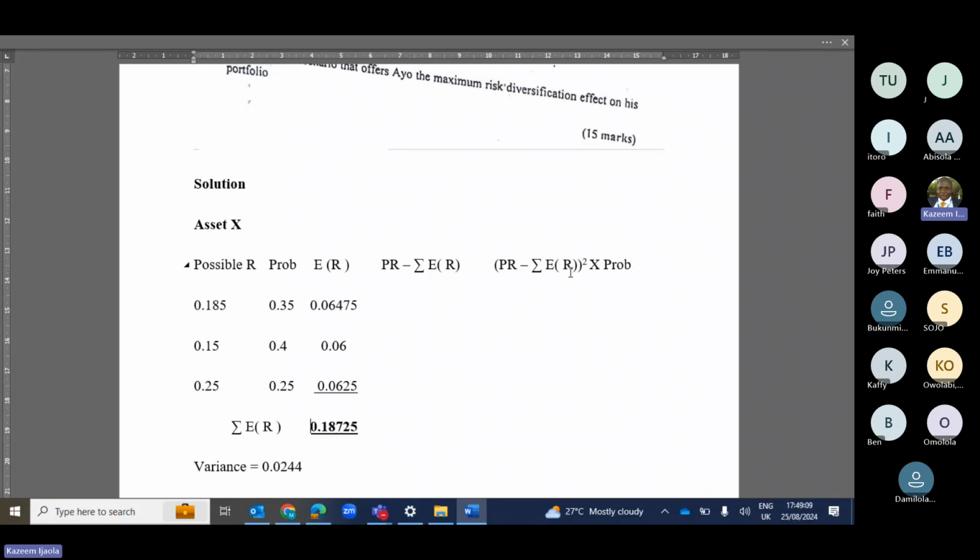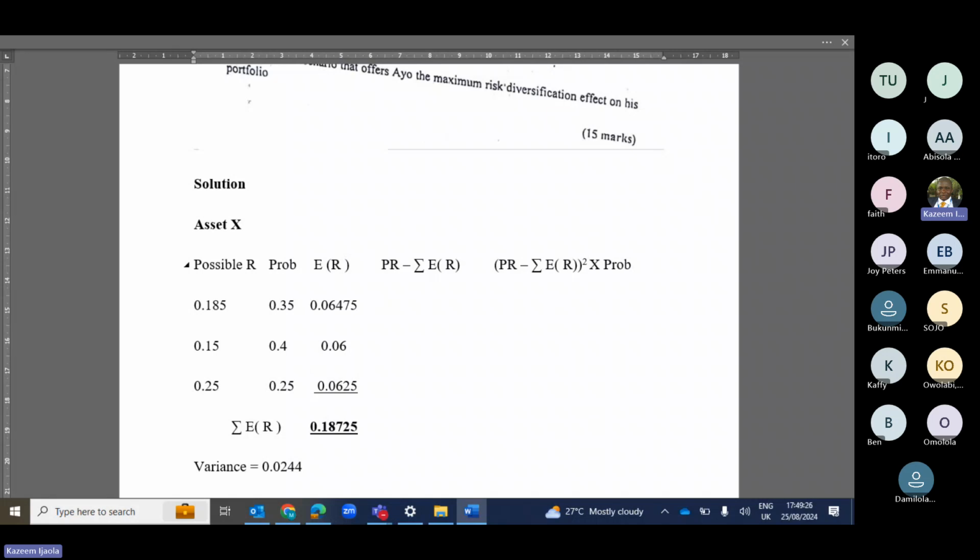Okay, so that's for this. Then the next one is your possible return minus your expected, so this one is 0.185 minus 0.18725.